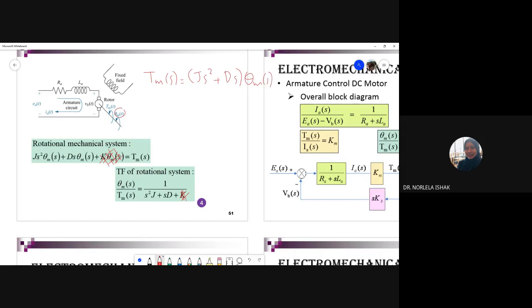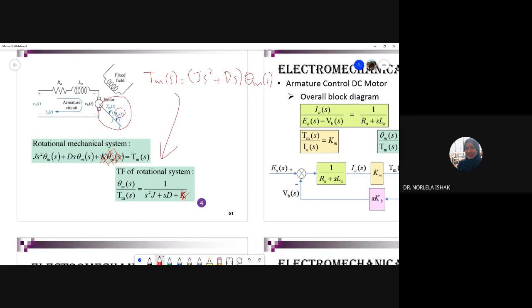From the load, this is considered our load or our plant. The DC motor will rotate our rotational mechanical system, so from the whole system, our rotational mechanical system is our process or our plant. So from this equation we rearrange, and we can get equation number 4.